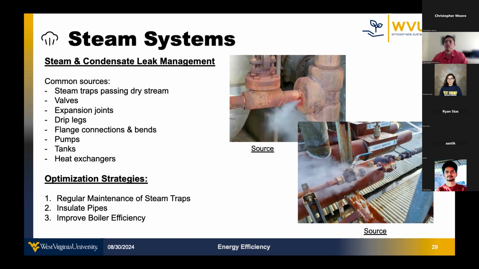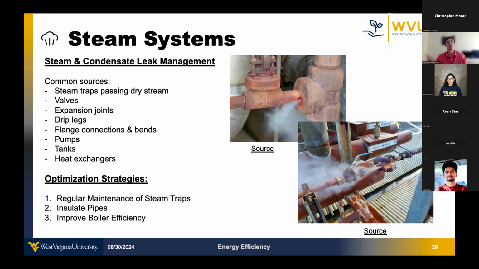Tanks. Leaks can also occur at various points in tanks, especially where piping is entering or exiting the tank. And lastly, heat exchangers. Internal and external leaks in heat exchangers can lead to both energy loss and reduced system performance.